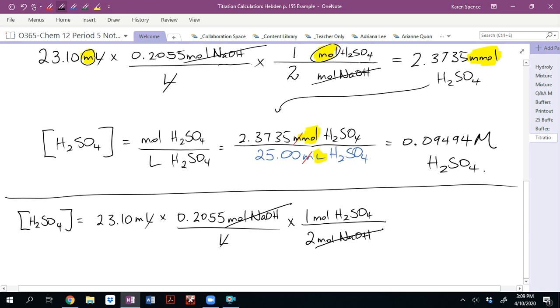So right now we just have moles of H2SO4. And remember, concentration is going to be the moles of H2SO4 over the liters of H2SO4. So how am I going to do this in one line if I want to have my liters on the bottom?